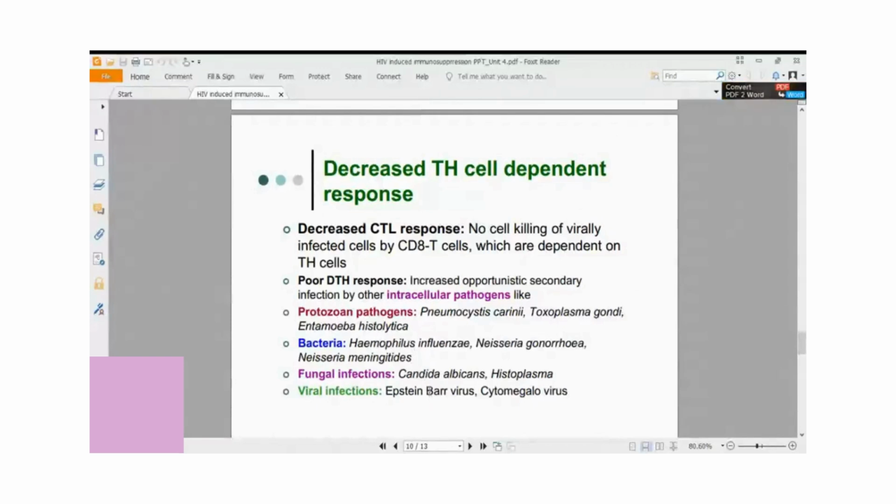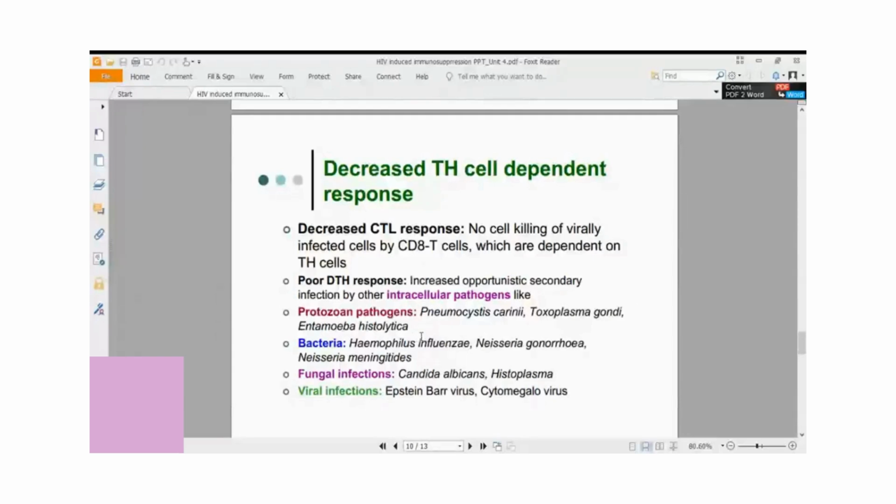Infections like Epstein-Barr virus and cytomegalovirus are opportunistic viruses that infect the person. So ultimately, because of this series of multi-pathogenic infection, the person will suffer a lot, and there are going to be multiple pathological symptoms in the person.